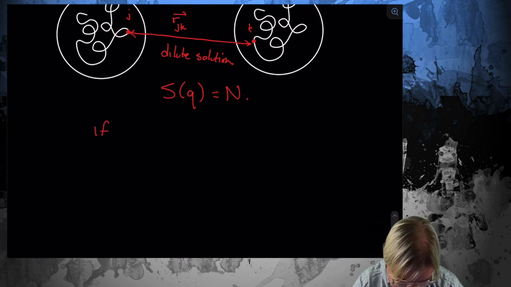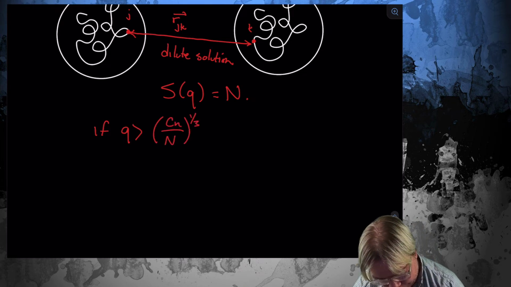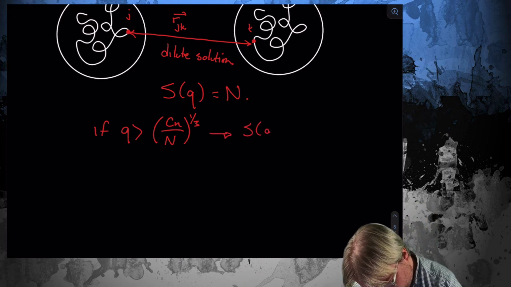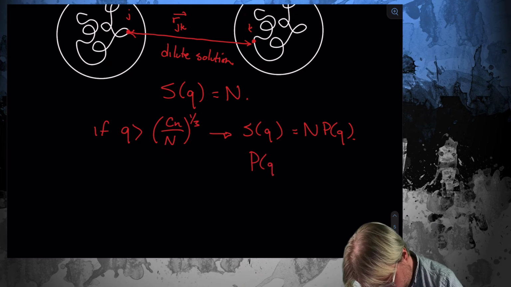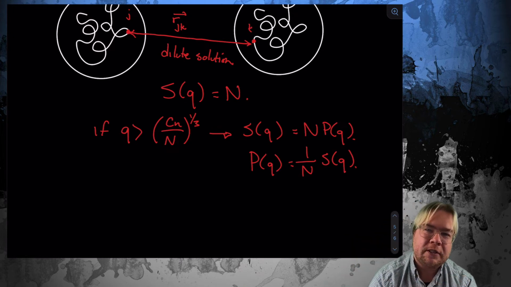And if Q is greater than this value, remember that means intrachain scattering, then S of Q will be N times P of Q, or P of Q will be 1 over N times S of Q, and I gave you those expressions already.